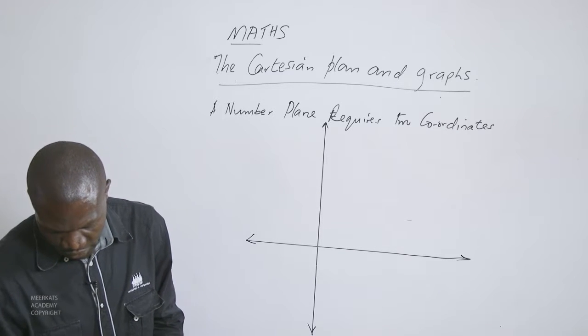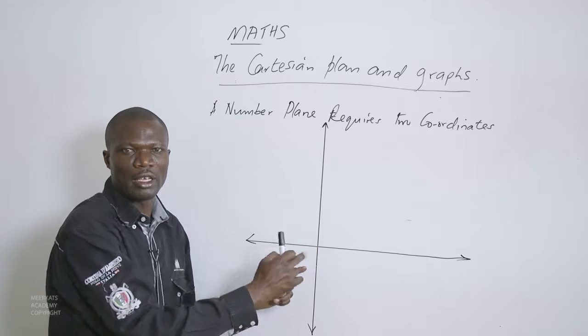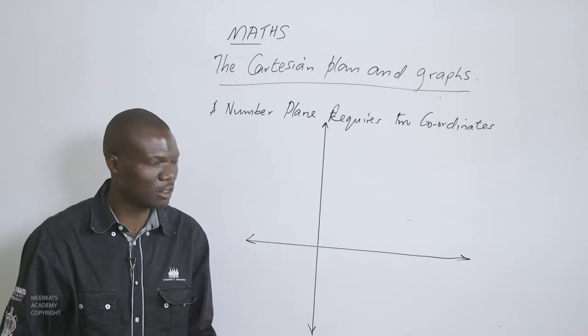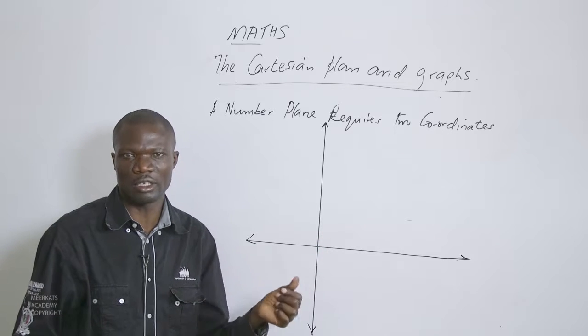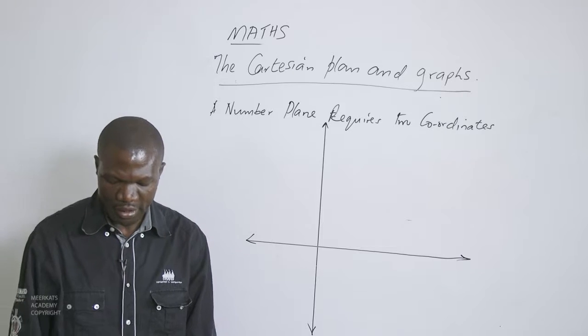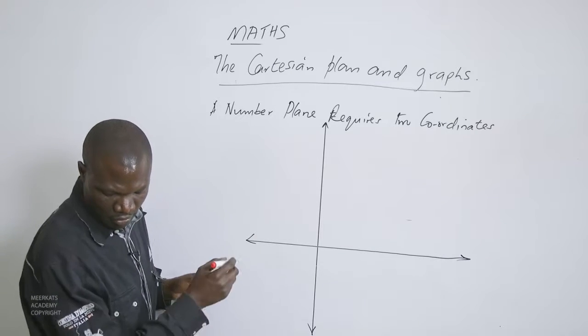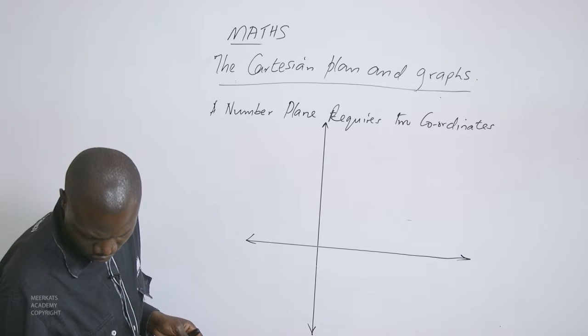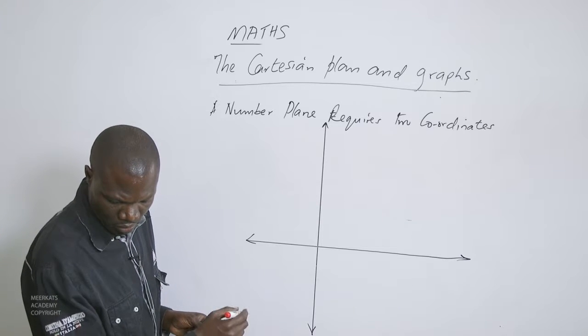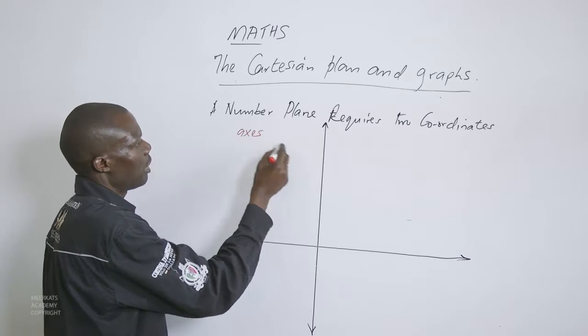When we say perpendicular, it means they intersect at 90 degrees, or at a right angle. And these lines are called axes.